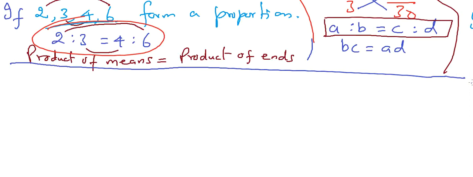Actually, we can solve ratio based problems using this proportion. See, in the last video we saw how we divided 300 rupees in the ratio 7 is to 8.